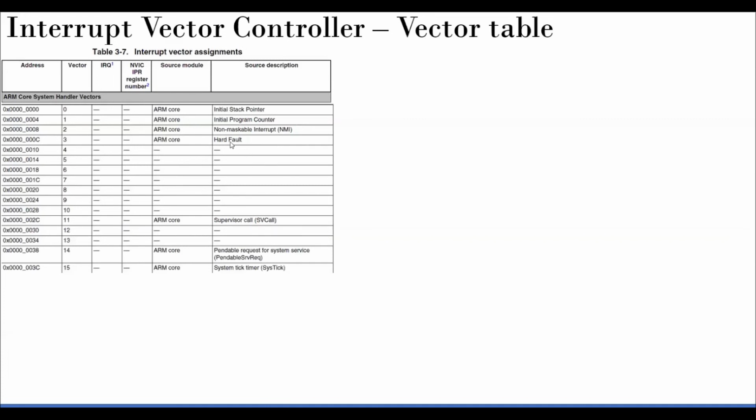So in assembly language or in C language terms, we call these handlers. So here there will be the address or the pointer to something known as the hard fault handler, and the hard fault handler is nothing but the interrupt service routine associated with the hard fault.